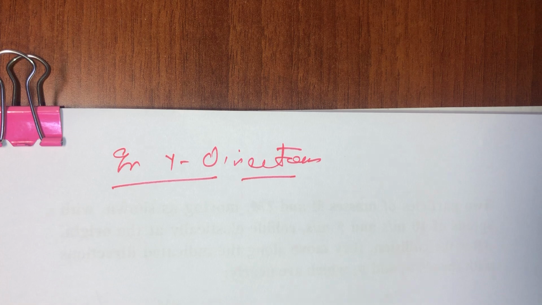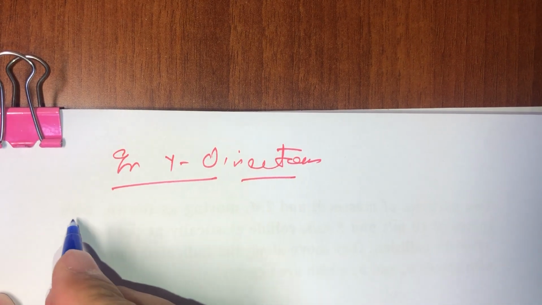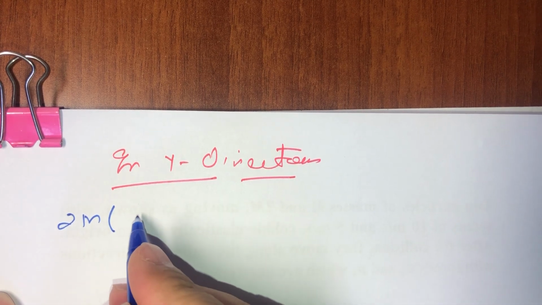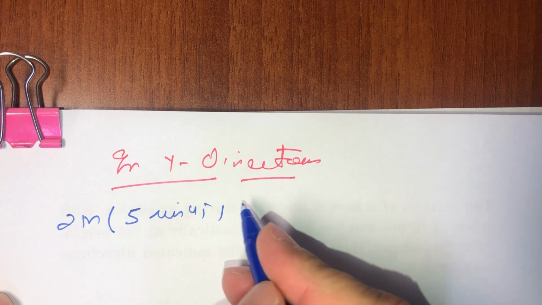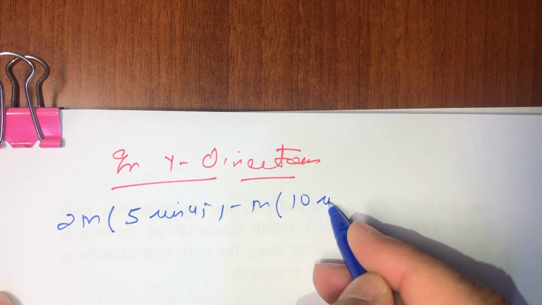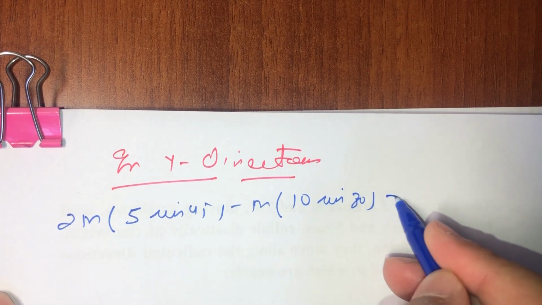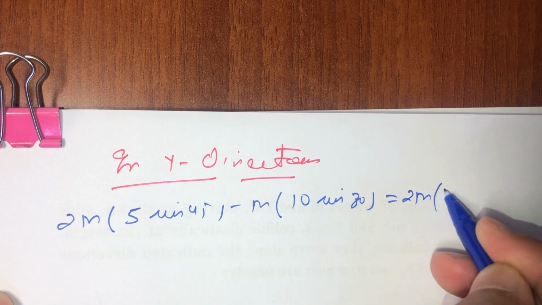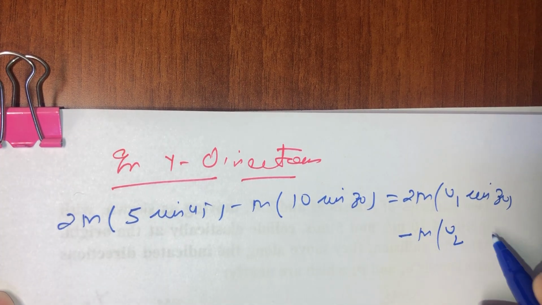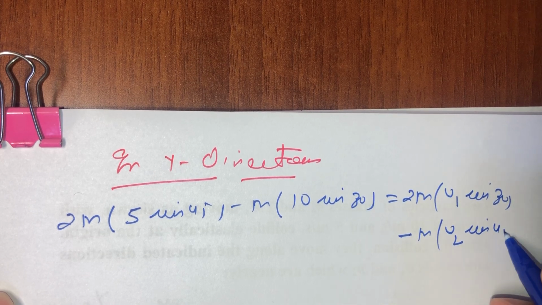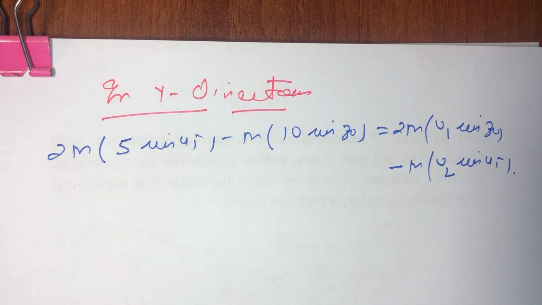The equation is 2m 5 sin 45 minus m 10 sin 30, equal to 2m v1 sin 30 minus m v2 sin 45.